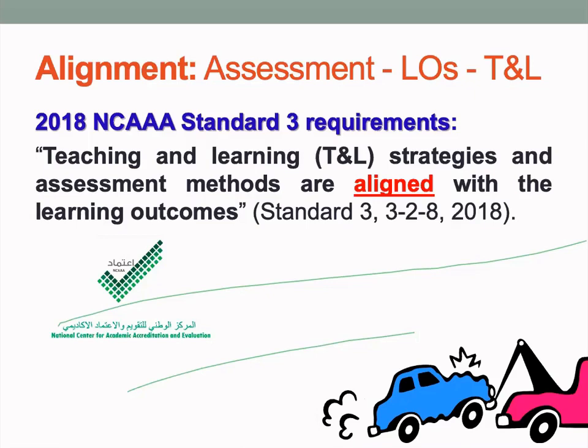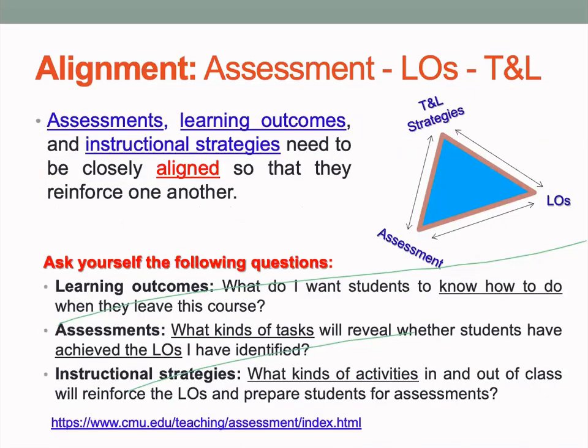Among these three components, assessment, LO, and teaching and learning strategy, now let's see how to make them aligned. For example, we look at the triangle here: assessment, LOs, and teaching and learning strategy, or sometimes we call it instructional strategy.